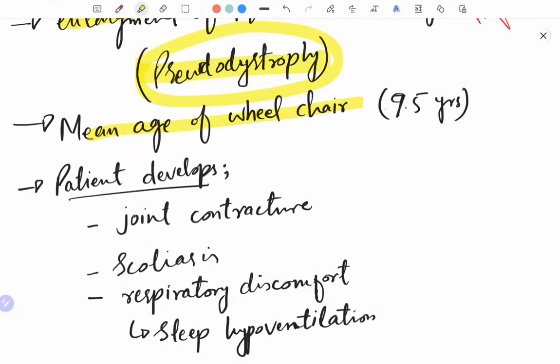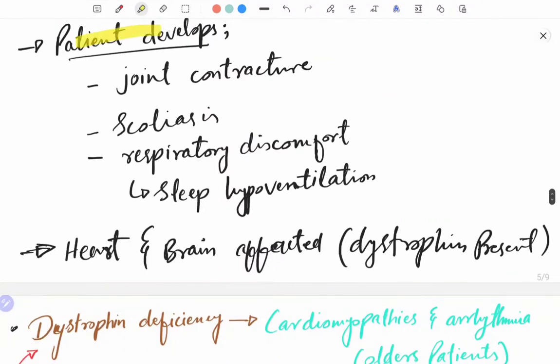Mean age of the wheelchair, meaning the patient is settled down on the wheelchair due to the weakness, is 9.5 years of age. The patient develops joint contraction, scoliosis, and lordosis also occurs.